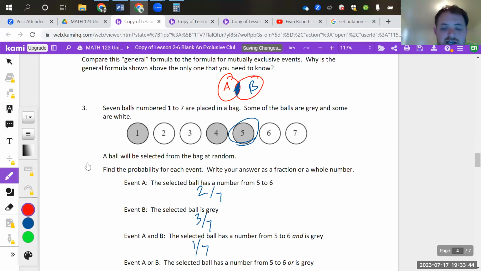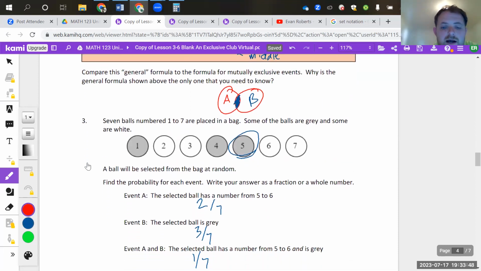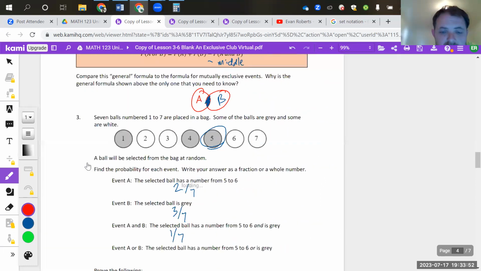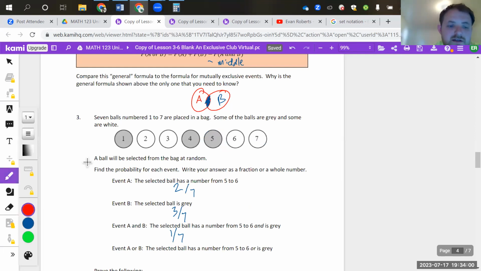When we get to the "or" situation down here, it says the selected ball has a number from 5 to 6 or is gray. So 5 to 6, that would be those two balls there. And then the 4 and the 1, I can include those two because it can be from 5 to 6 or gray. So that would be 4 out of 7.